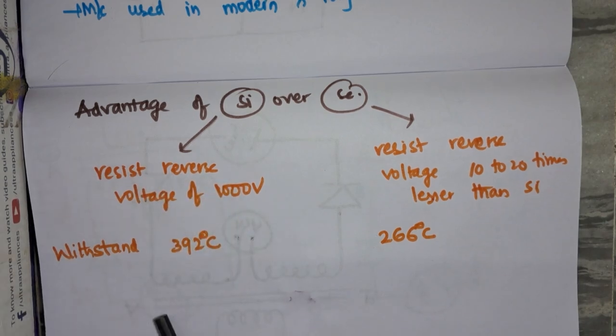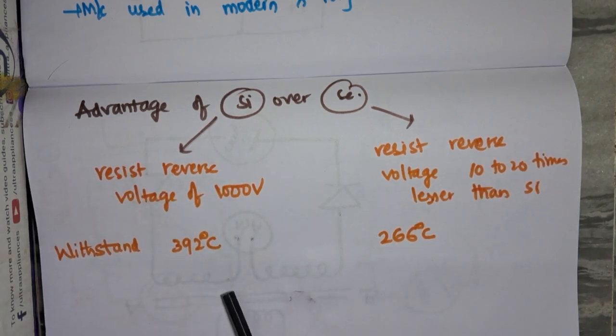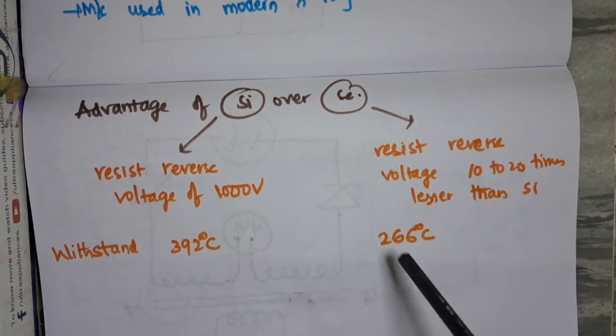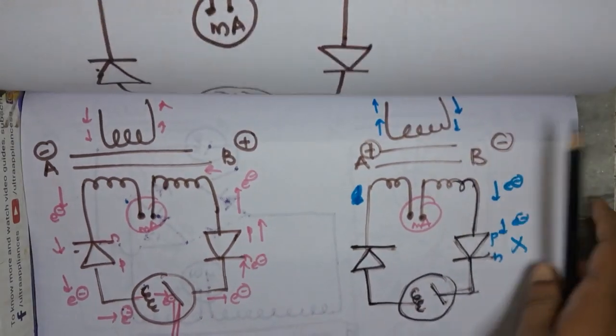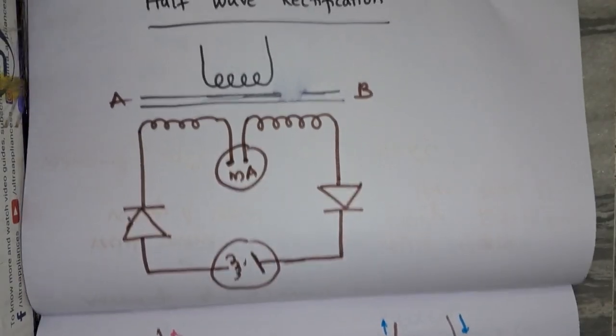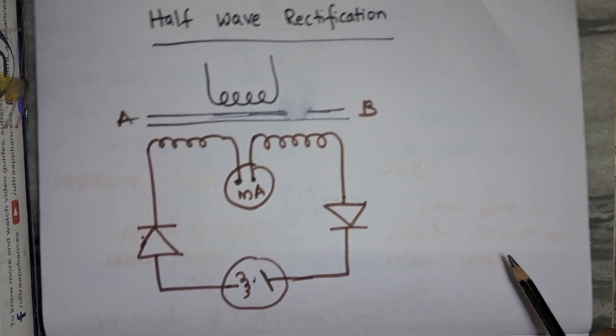Silicon can also withstand temperatures of around 392 degrees Celsius, whereas selenium can withstand around 266 degrees Celsius. Now let us learn some important points about half-wave rectification.